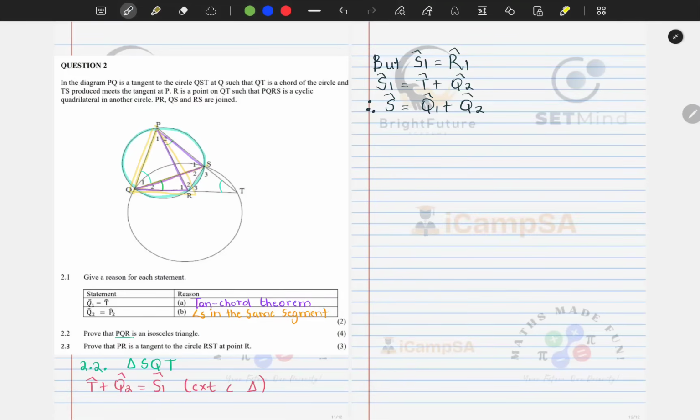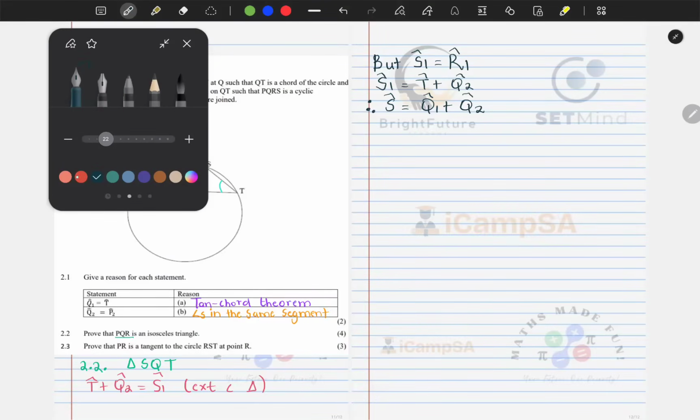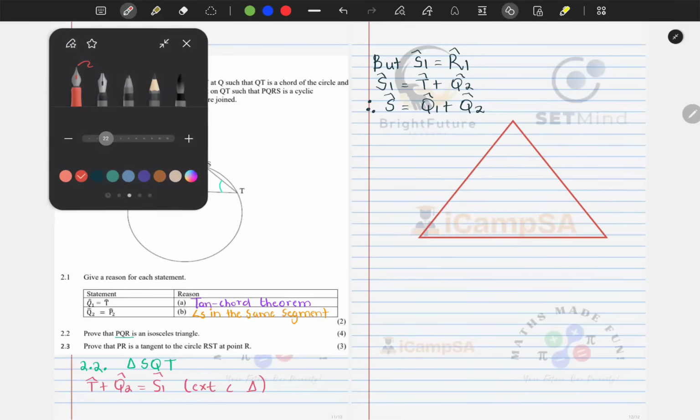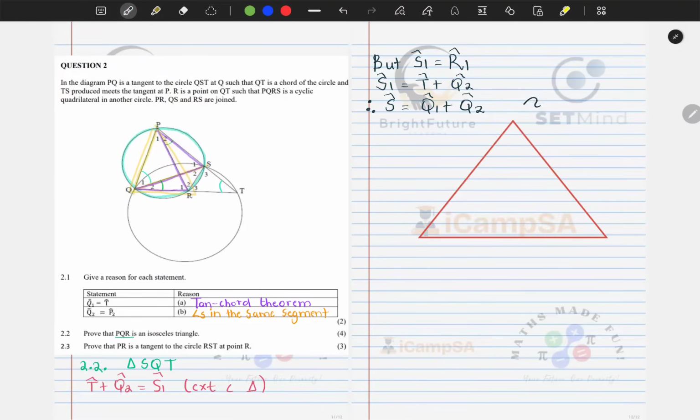But observe carefully now if you redraw this triangle of ours. Let's quickly draw it. We now have angle P here, then the angle Q which we have here is a combination of Q1 plus Q2.